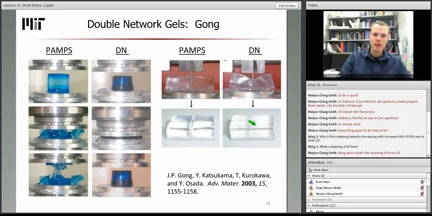And so the way this was done was essentially one polymer was polymerized to form a single network, the PAMPS polymer, and then within this PAMPS network a second polyacrylamide network was polymerized, where this polyacrylamide network forms essentially with no chemical bonds between the two networks.